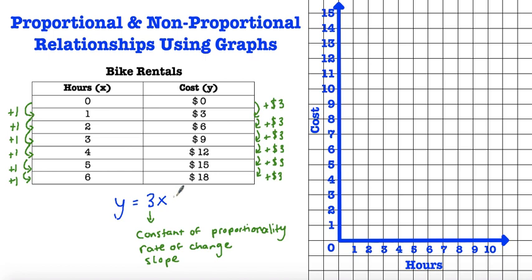And so if we wanted to graph this, the first point we'd start off with is 0, 0. And then 1, 3. 2, 6. 3, 9. 4, 12. 5, 15, and so forth.